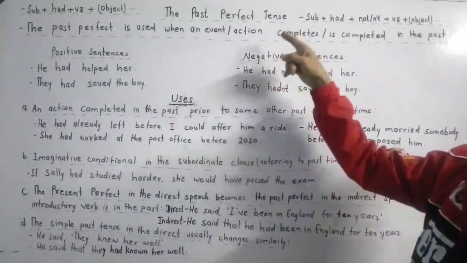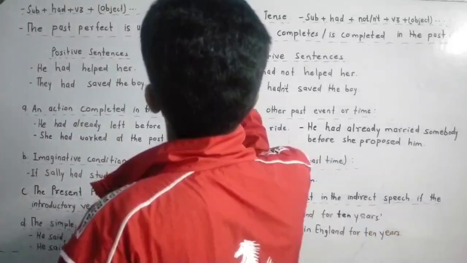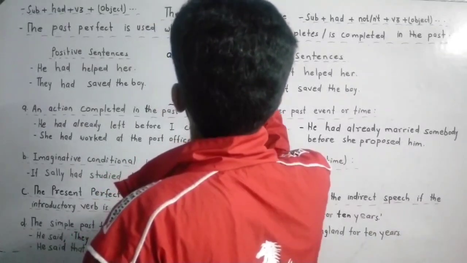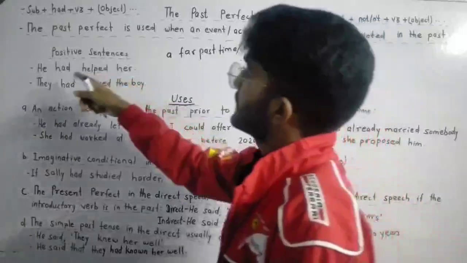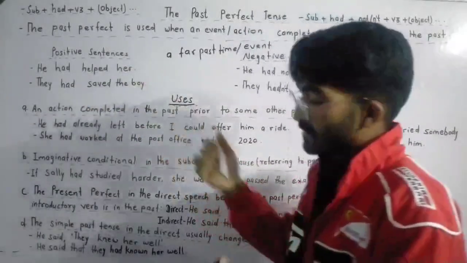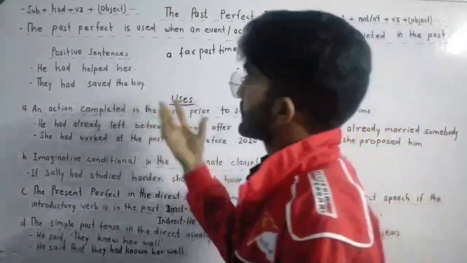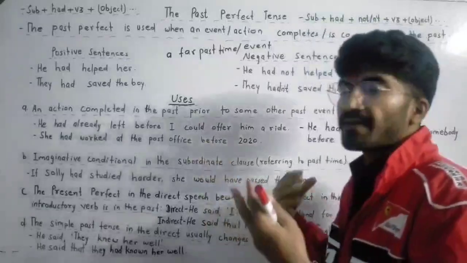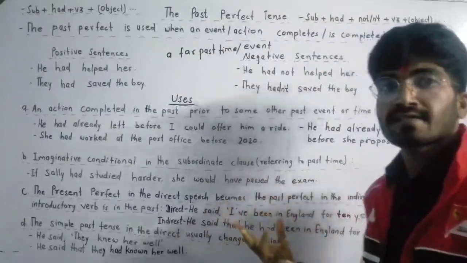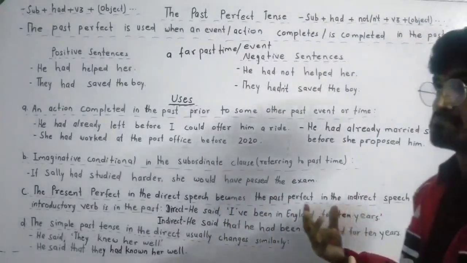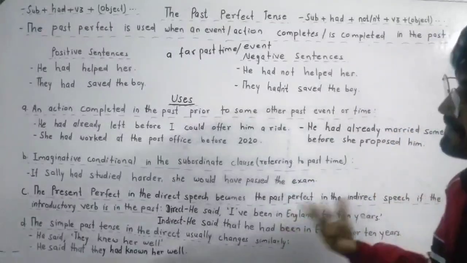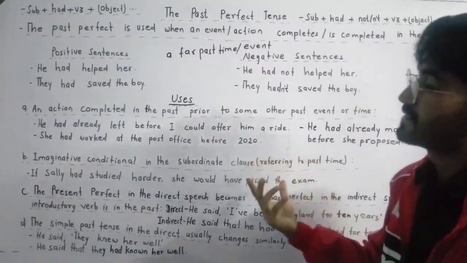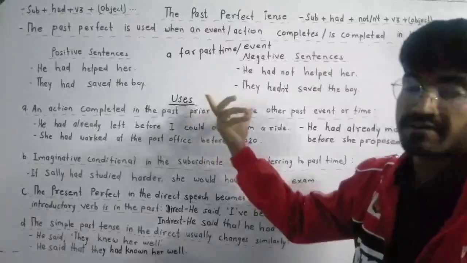Basically, the past perfect tense is used to show a past time or event. For example, see, he had helped her. Through this sentence, we can understand that in the past, maybe a particular time, maybe not, somebody had helped somebody.